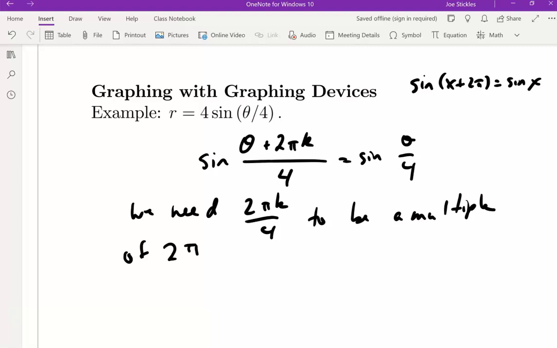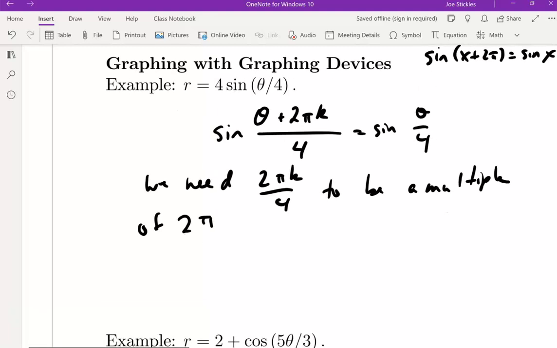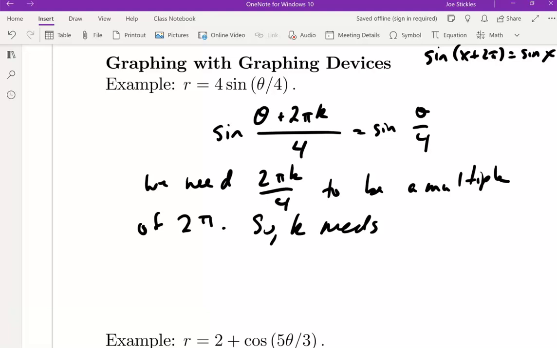Oh, okay. So in order to get this to be a multiple of 2 pi, we certainly need our k to be 4, don't we? That's my problem. I need my k to be 4, don't I? Okay. I should say at least 4. It needs to be a multiple of 4. I'll say it's at least 4.